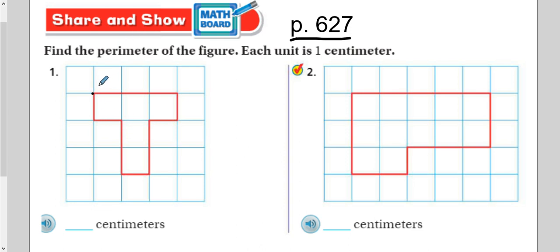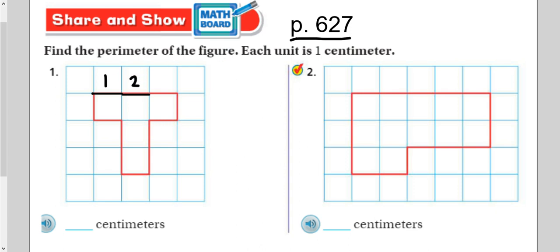So what we do from here to here, let me go ahead and get a line right here. From here to here, that's 1. Go ahead and put that 1 right there. And again, same thing, we would draw another line from here to here, and that would end up giving us 2.